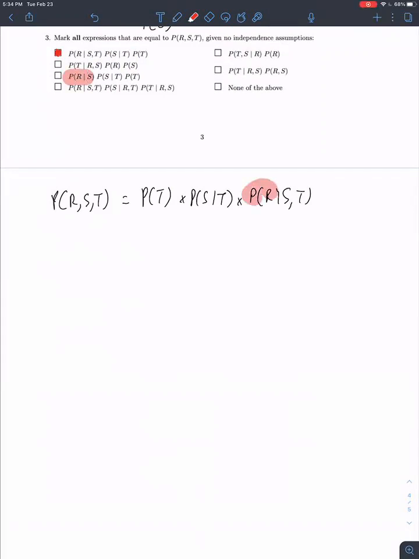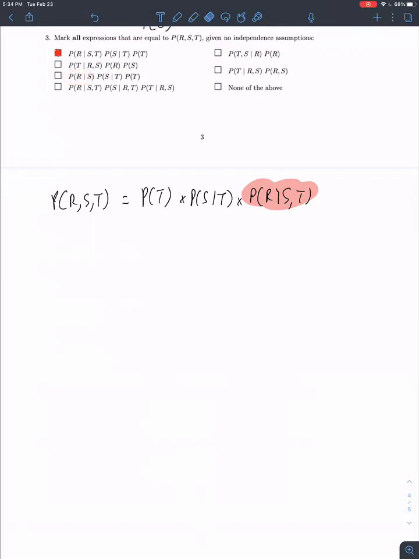R given S here, R given S and T down here. But probability of R given S does not have to be equal to probability of R given S and T. That's only true if R is independent of T given S. So this is not equal, given no independence assumptions.